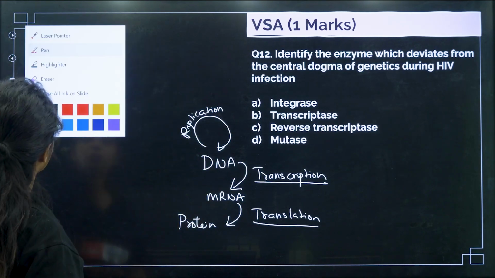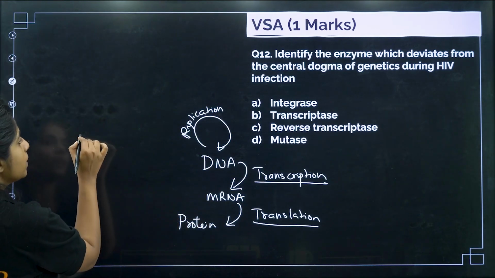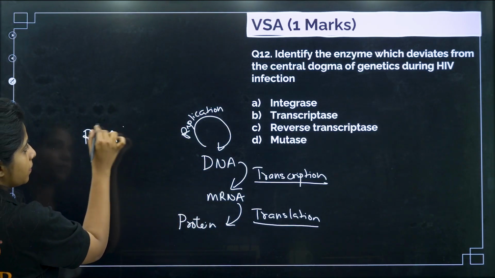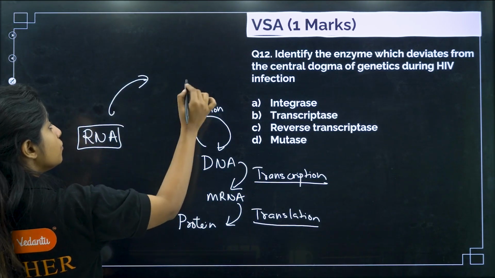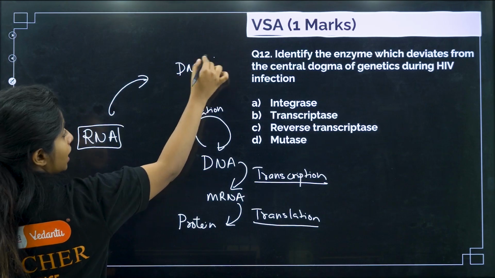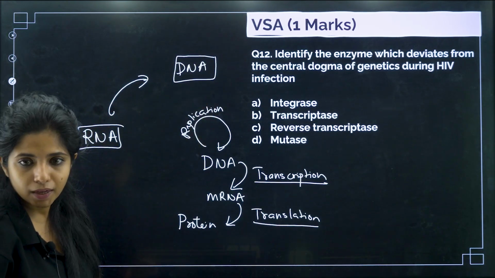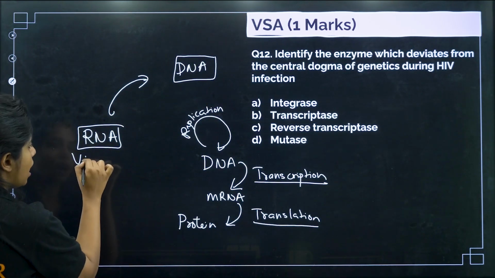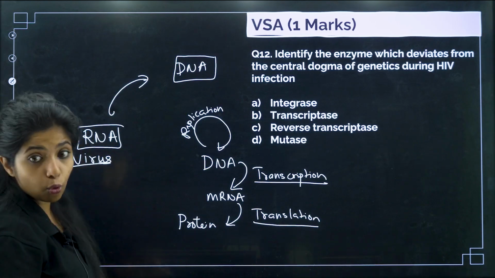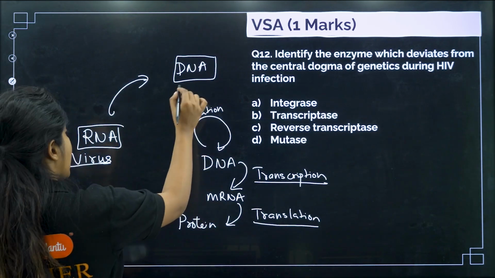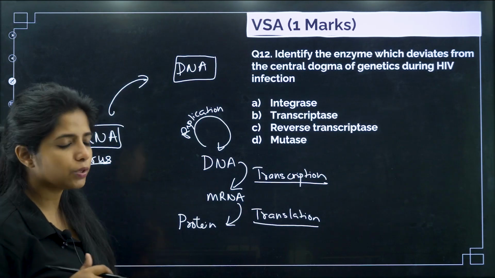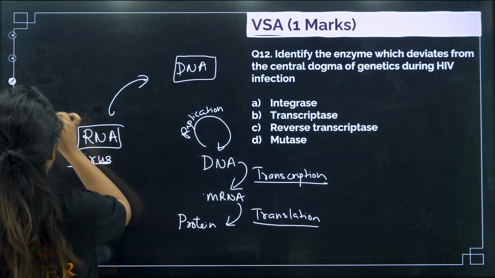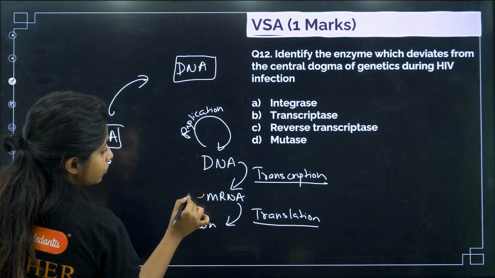So what does the virus do? The virus usually has RNA as the genetic material. Now it usually goes and infects an organism that has DNA as the genetic material. So to avoid being caught, the RNA which they have, they are going to reverse transcribe.